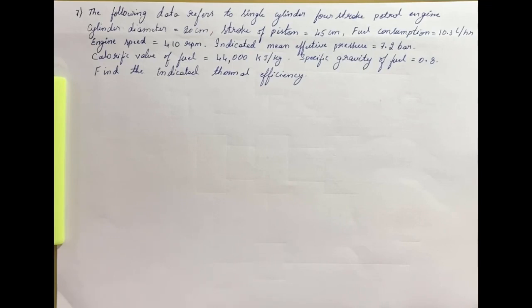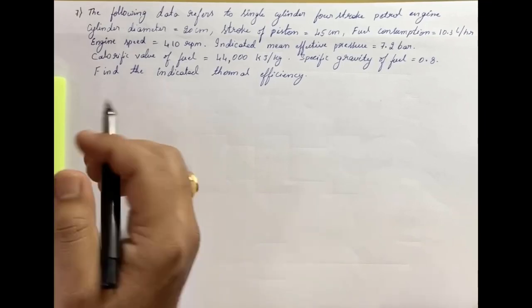Now this is the question he has given. The following data refers to a single cylinder 4-stroke petrol engine of cylinder diameter 20 centimeter. Write the given data.